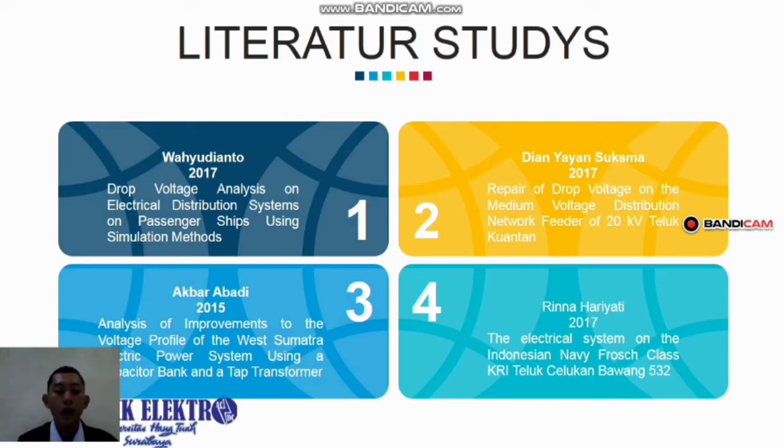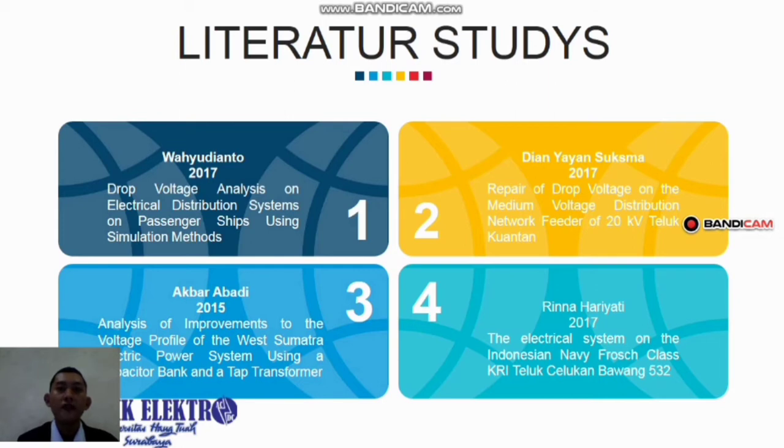Third, Akbar Abadi, 2015, analysis of improvement to the voltage profile of the West Sumatra electric power system using a capacitor bank and a tap transformer.